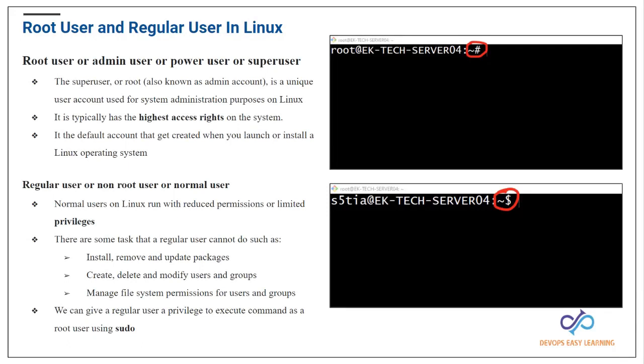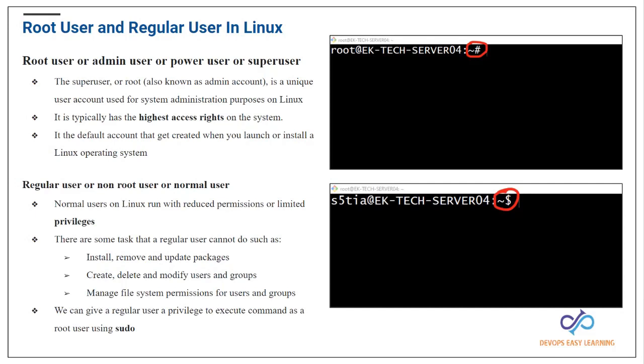There are some stuff that you cannot do. You cannot install packages, you cannot create or delete users, and so on, right? But if you are a root user, we also call this user a power user or a super user in Linux, right? And when you are a super user or a power user or admin user, it means you can do every single thing in Linux, right?